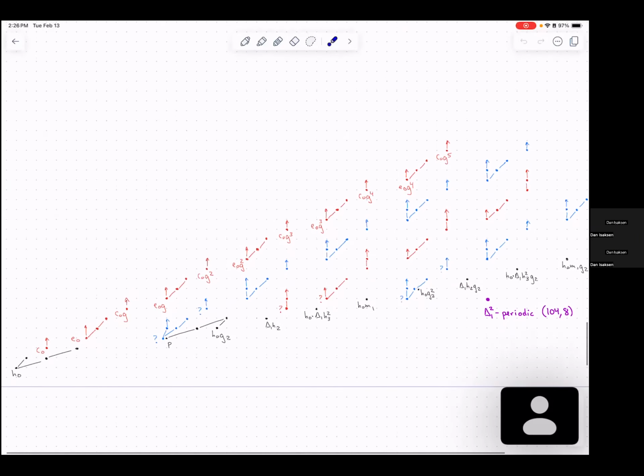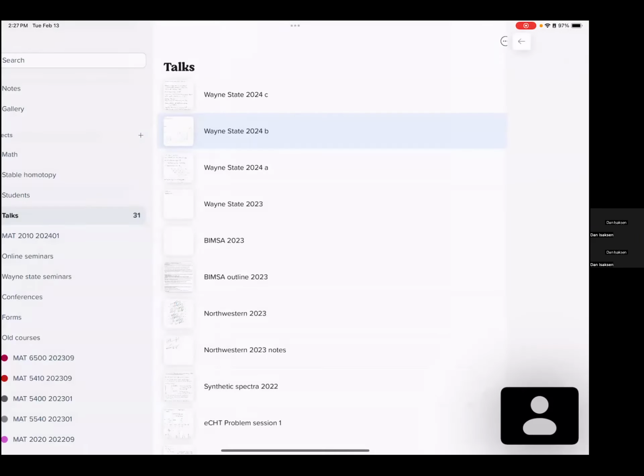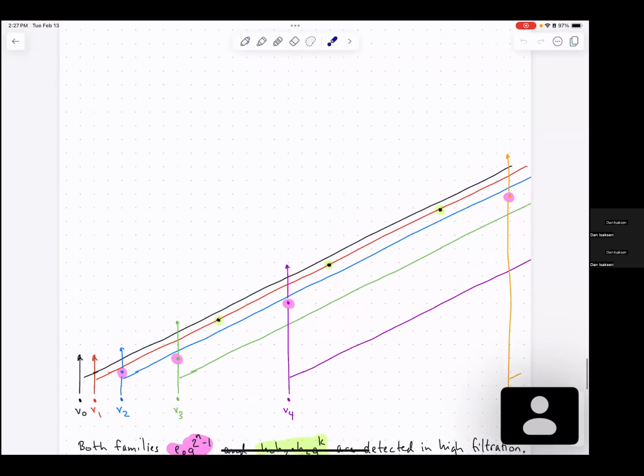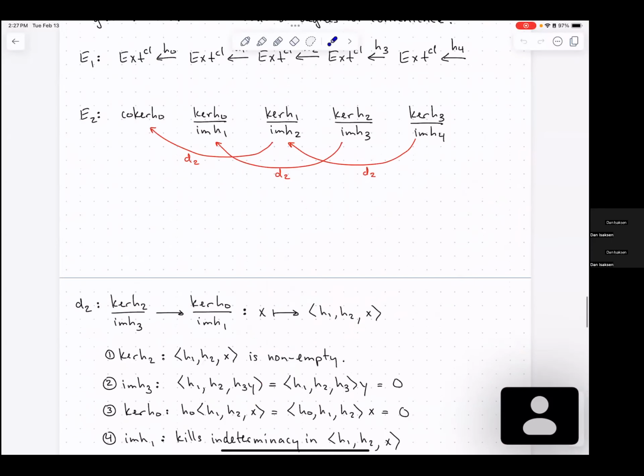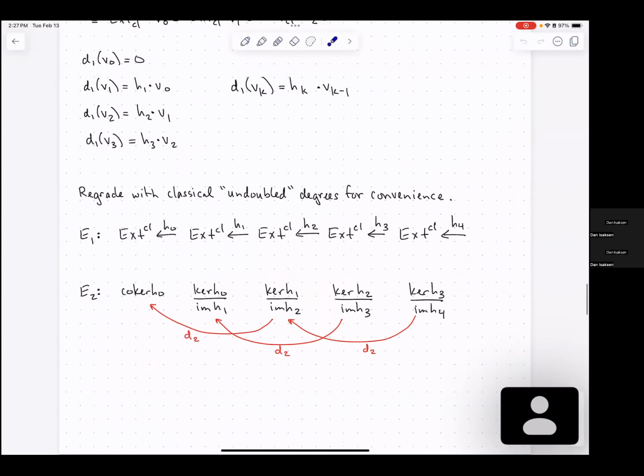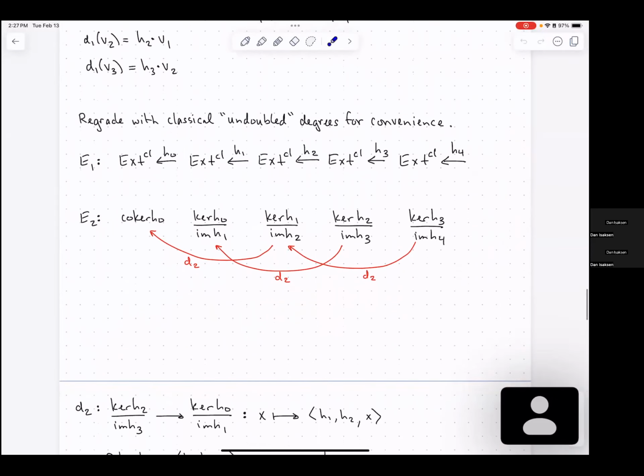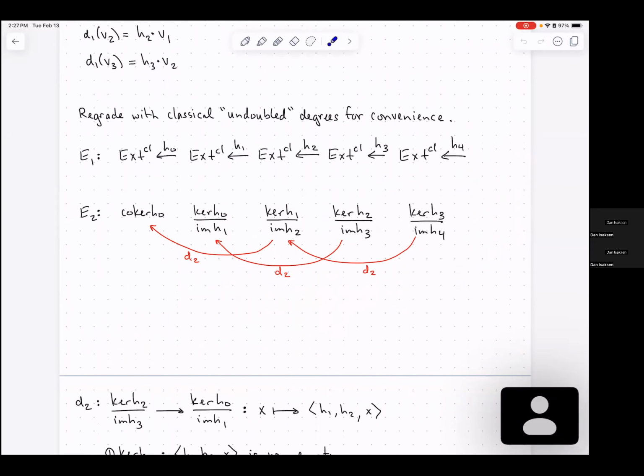There's one other comment that I wanted to make since we decided that we're not in a rush. I wanted to go back here. There's one other thing I wanted to point out about this whole story. There's this spectral sequence gadget that has a really slick definition in terms of the Hi's. So you could dualize this picture.